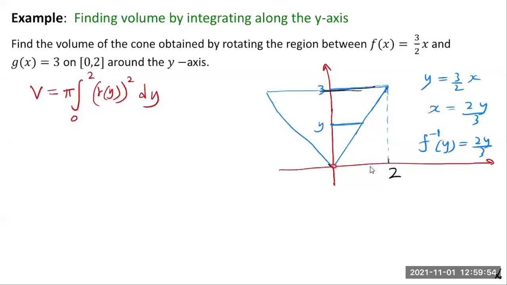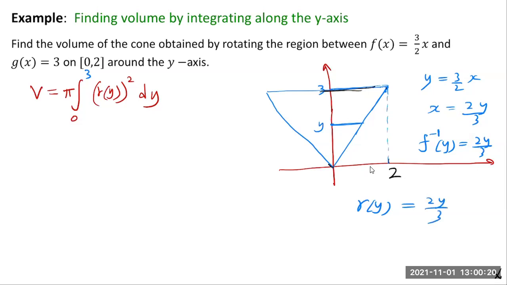Notice that my integration should go from 0 to 3. The upper bound is 3. This is not 2, it's 3. Let me change it. This should be 3. So what is my r of y? R of y is this radius. This radius is nothing but 2y over 3. So we have the radius as a function of y, 2y over 3.